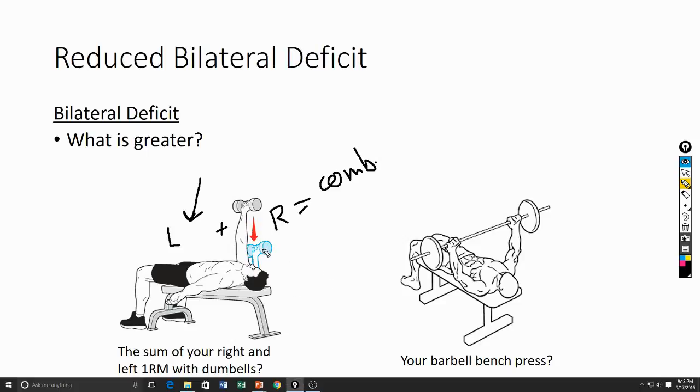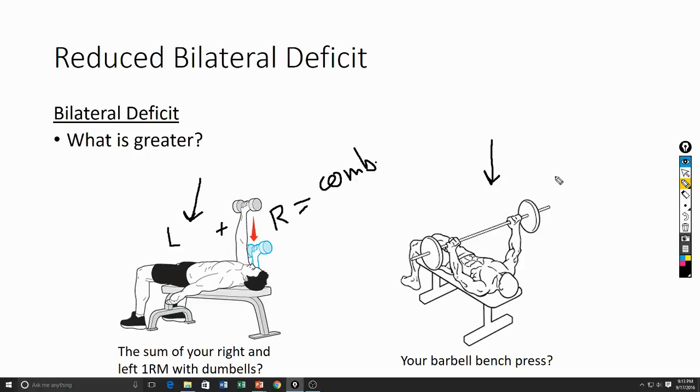All right. So if you did that, and then on the other instance, I asked you to do the same thing, and put as much weight as you can on a barbell, and then use both hands. Which one do you think would result in a greater amount of weight being lifted?